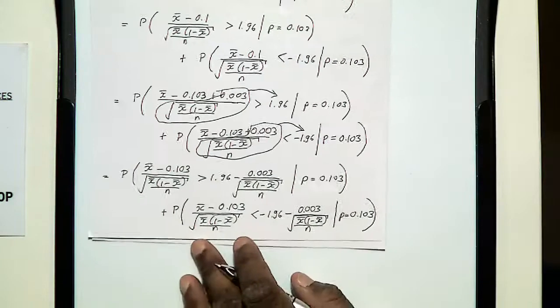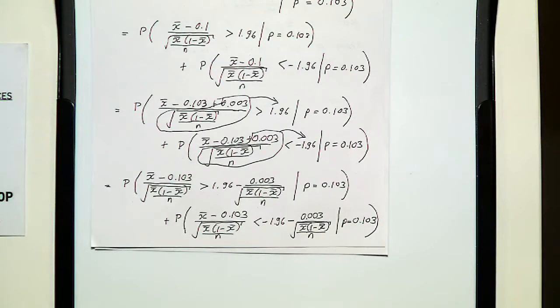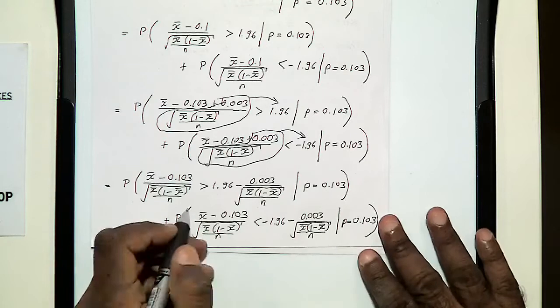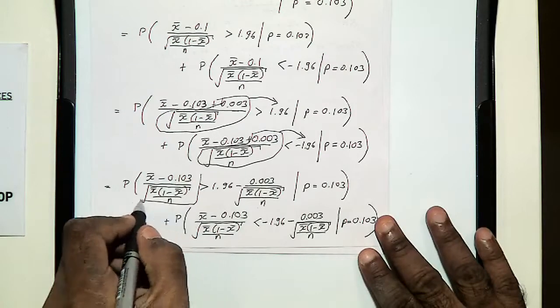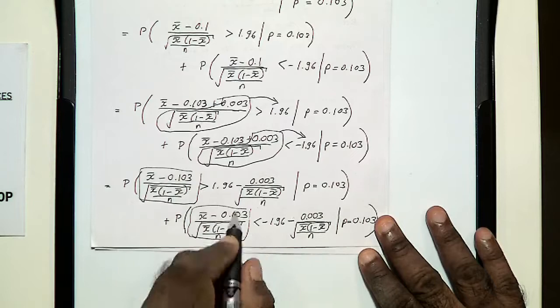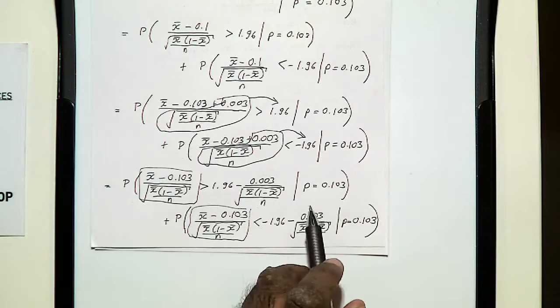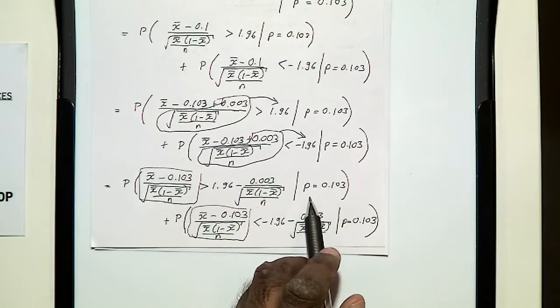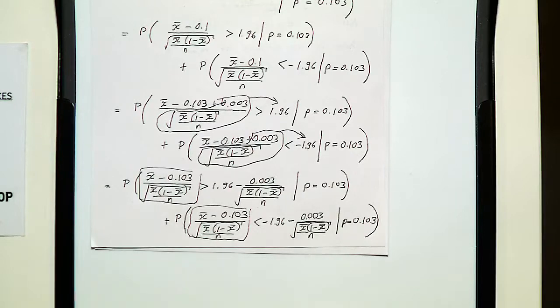Now, this is where the crucial part comes in. If you look at this term and this term here, conditional on the true proportion being 0.103, these two terms have an approximate standard normal distribution. And where does it come from?